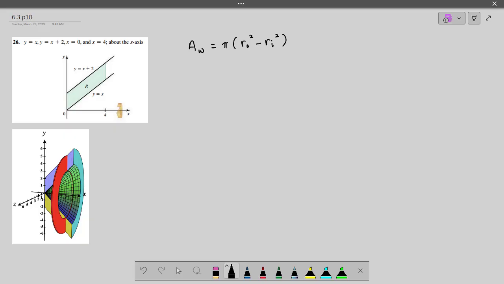Yep, that's all. Yep, perfect. Yeah, that one simplifies down very nicely.